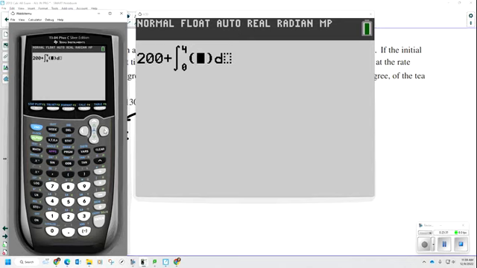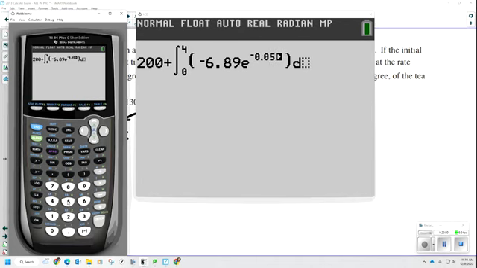My equation for R of t is negative 6.89. Make sure you type this in right, because you've got all your logic down. It would be a shame if you made a mistake typing into the calculator. So that's e raised to the negative 0.053, my variable is x, to the x. Bam.